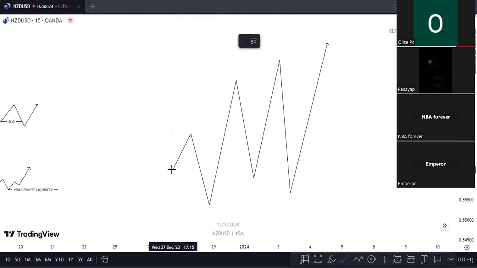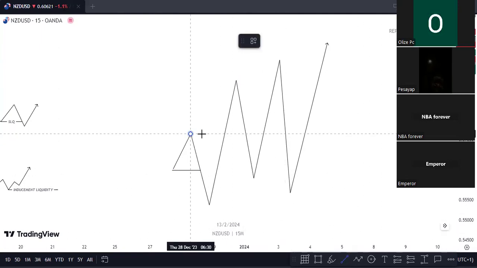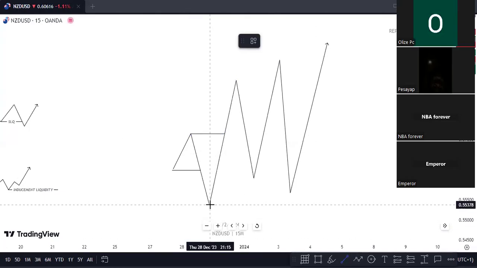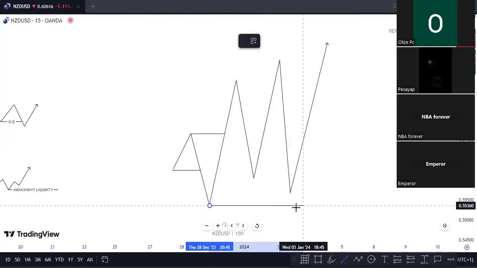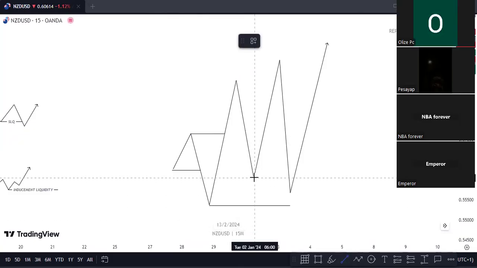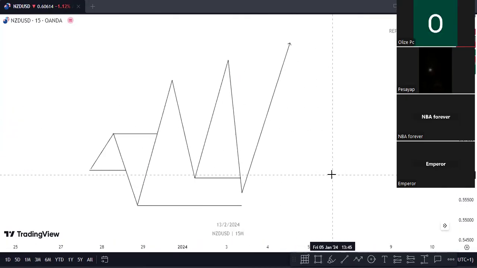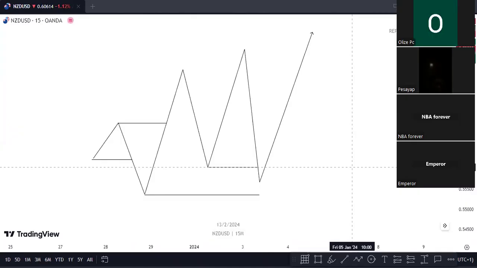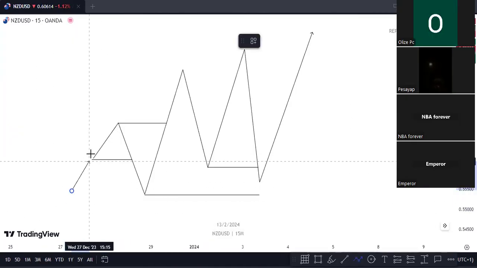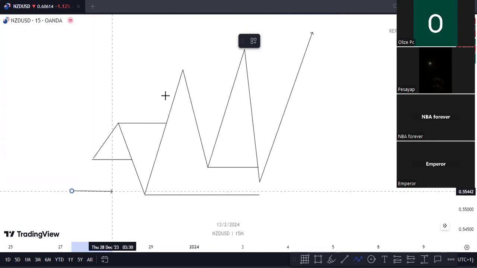Okay, so just a little check to see if you are understanding it. The liquidity that happens here in this sweep and break, your Quasimodo, is called what?